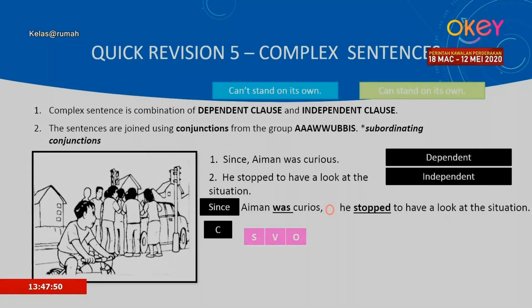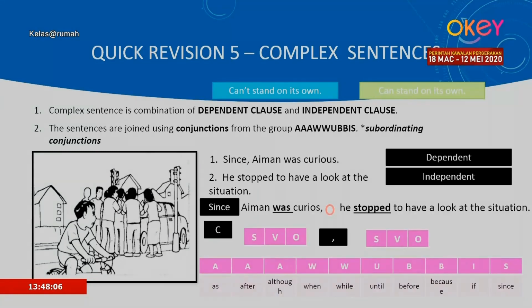So if you are using this formula and a conjunction from the group AUBIS, you are able to construct a good complex sentence. Yes, remember that guys. A complex sentence can be constructed using the AUBIS conjunctions. AUBIS stands for as, after, although, when, while, until, before, because, if, and since.